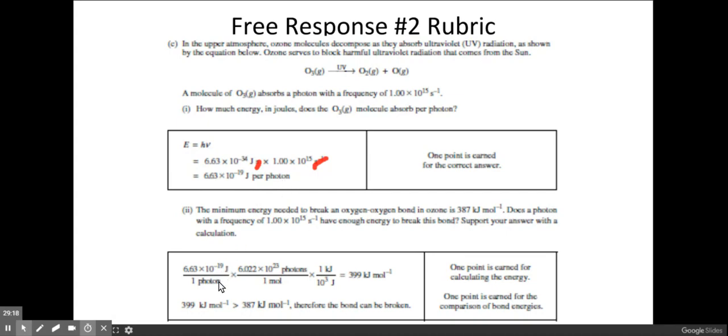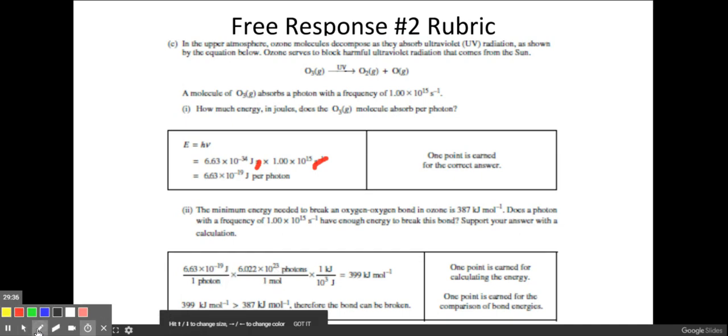So we start with that. But here, they're talking about per mole. So we need to change joules per single photon to joules per mole of photons. And this is going to be the tough part.